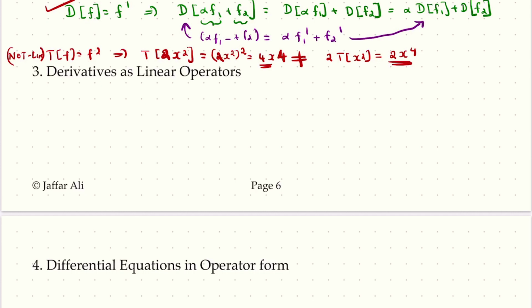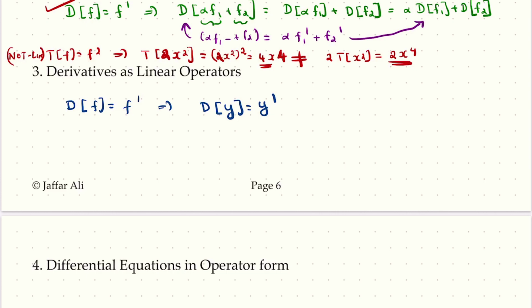So as I said earlier, if you have the function D of f, which is f prime. If you have a function y, feeding it in, it's going to be y prime. And not only the first derivative is a linear operator. What about the second derivative?